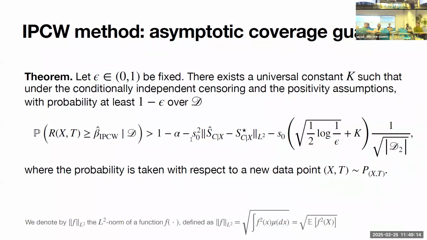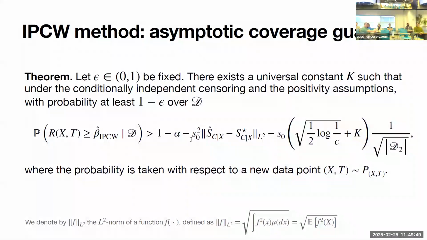There exists a universal constant K such that under the conditional independent censoring condition and the positivity assumption, with probability at least 1 minus epsilon over D, the probability that you cover the true failure time, conditional on D, is bounded above by 1 minus alpha, that's the target, and there's a slack. The slack has two components. This component goes as 1 over square root of the sample size of your training sample. So think of this as converging at rate 1 over square root of n.